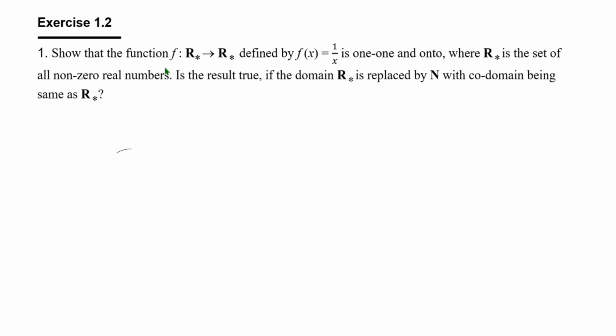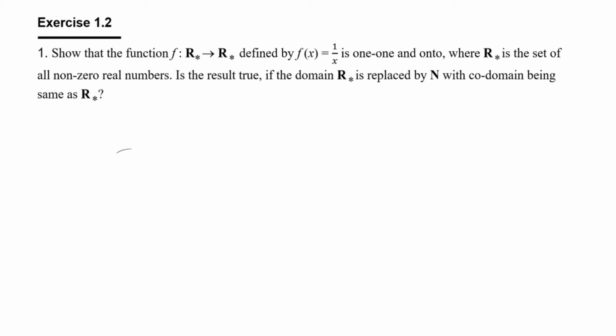So here we are given the function f from the set of all non-zero real numbers to the set of all non-zero real numbers defined by f of x is equal to 1 by x. We have to show that f of x is 1 to 1 and onto, and then we'll come to the next part of the question.